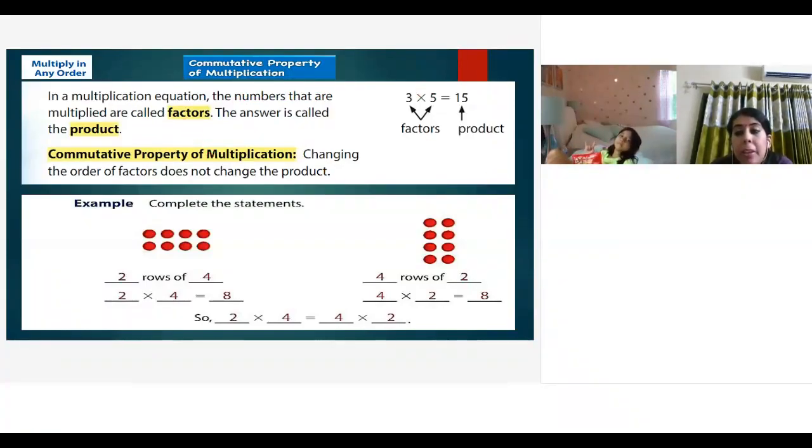Like, can you see that 3 times 5, 3 into 5 gives you 15? Take that example. So 3 and 5 both are factors, and the answer which you will get is known as product. First understand these two terms. These are very important.